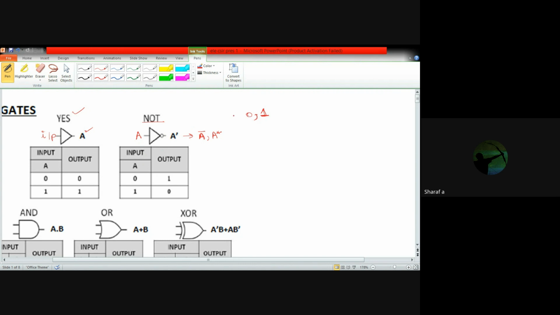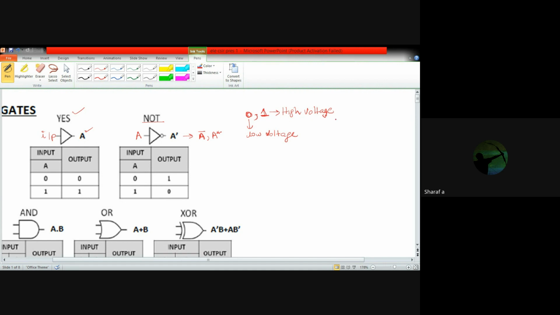So you will be using 0 or 1 in the binary system. In logic gates, we'll be using that binary format. So 0 represents a low voltage, and 1 represents a high voltage.